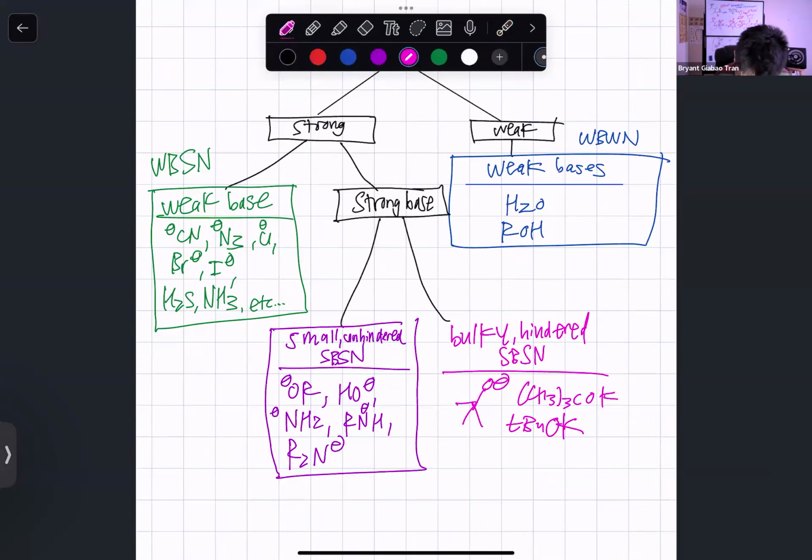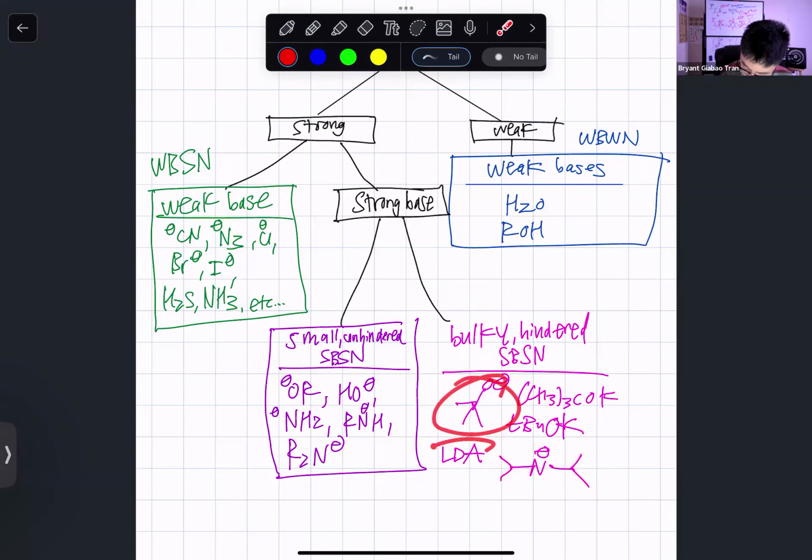And the other bulky base that you need to be familiar with is LDA, right? I think you just need to recognize the three-letter base, but what it looks like is this right here, where we see that this is a strong base because this nitrogen here has a negative charge, right? And it's bulky because we notice that the R groups are sterically hindering the negative charge here.